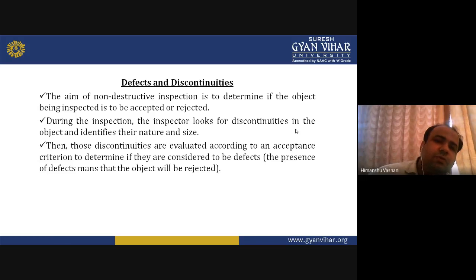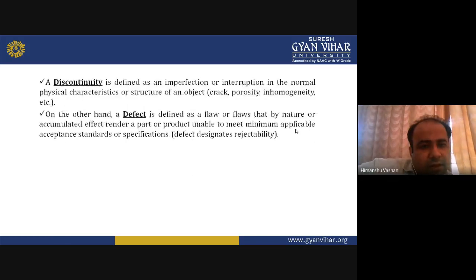There are some definitions that you should understand: the defect and discontinuity. A discontinuity is defined as an imperfection or interruption in the normal physical characteristics or structure of an object, like a crack or porosity or inhomogeneity.